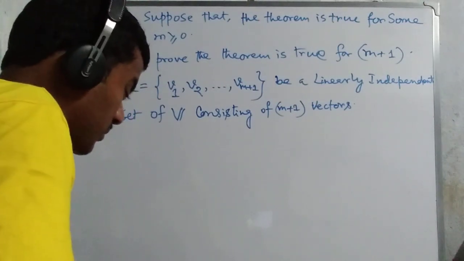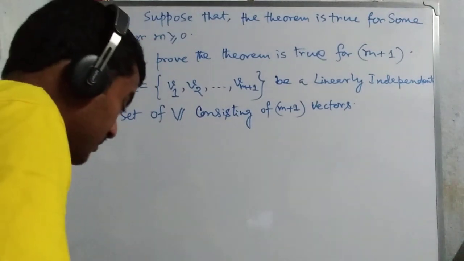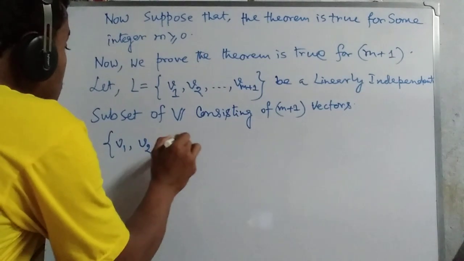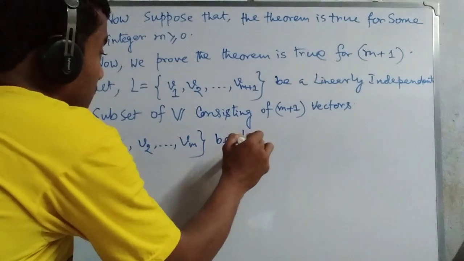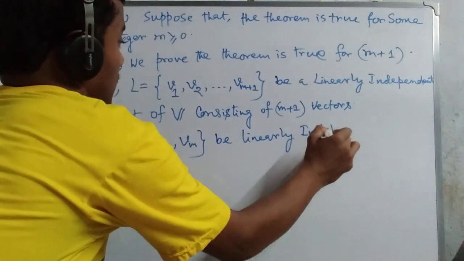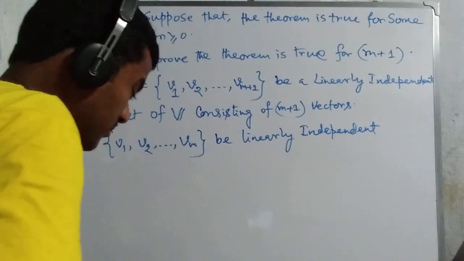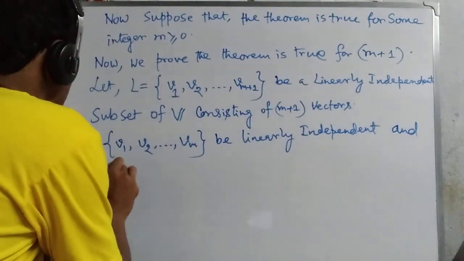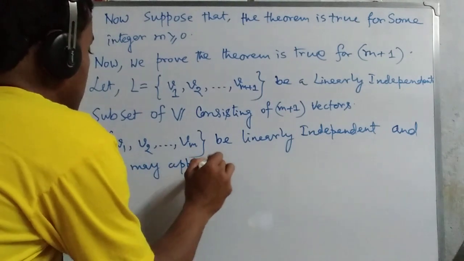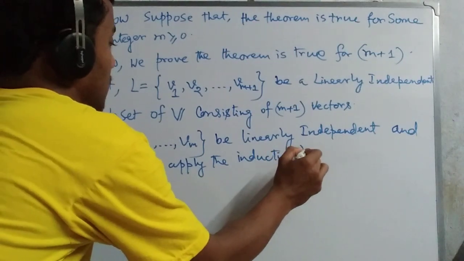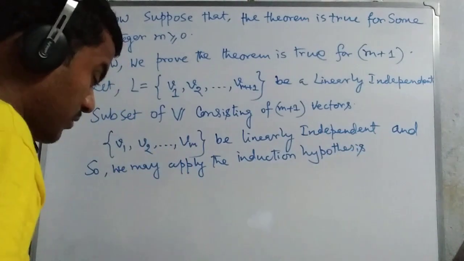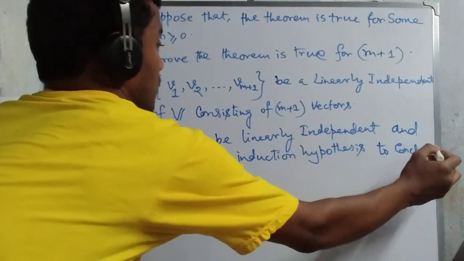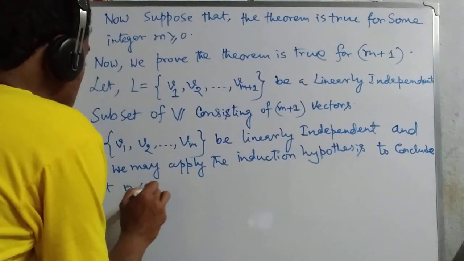Then obviously v1 to vm is linearly independent, and we may apply the induction hypothesis to conclude that m is less than or equal to n.